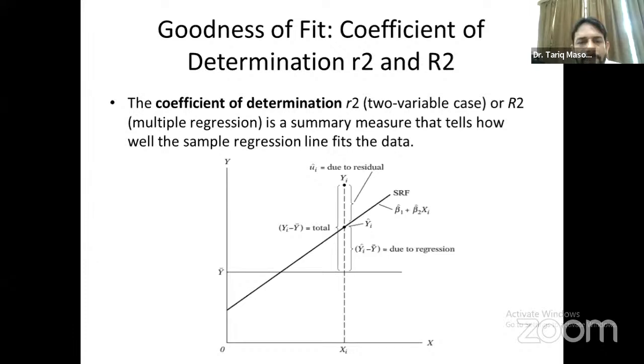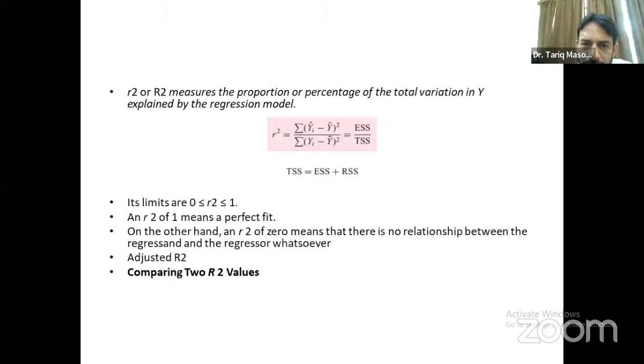There will be some unexplained part, and that goes to the residual. So the part explained due to the sample regression function is the explained sum of squares, ESS, and the total sum of squares is TSS. So R square is basically the ratio of ESS divided by TSS.